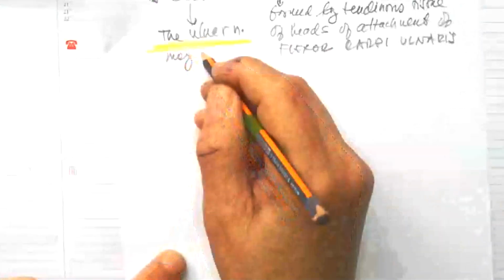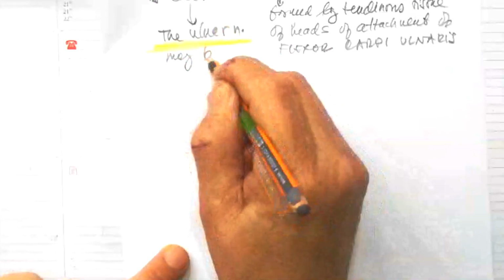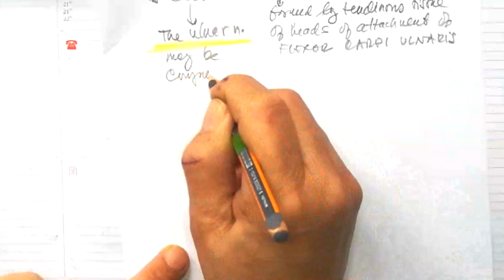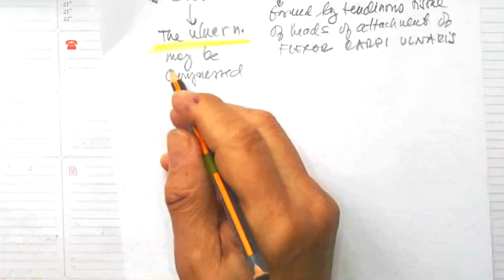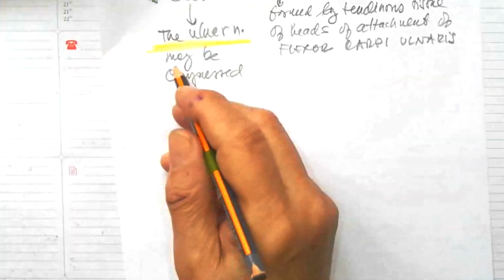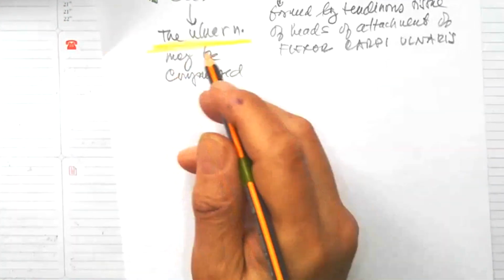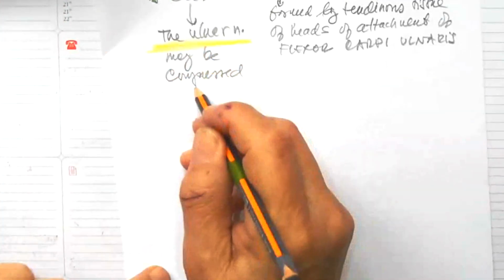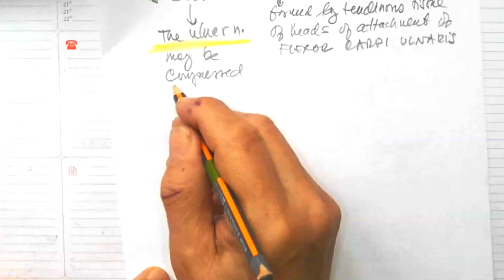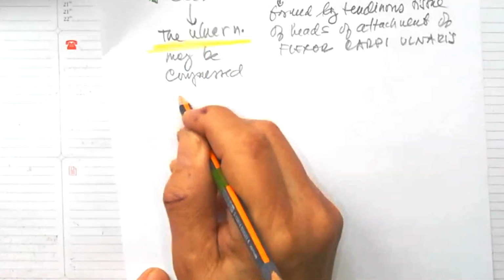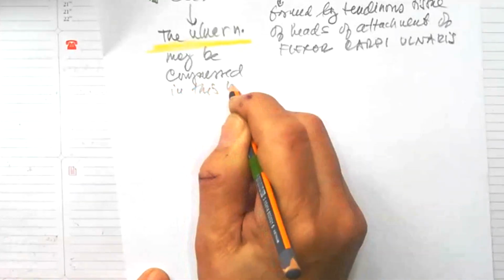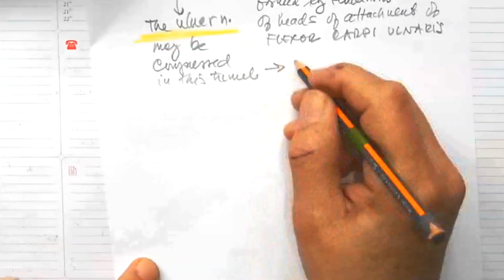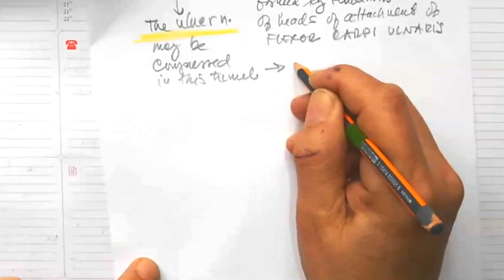maybe not frequently, but maybe compressed. We know that it could be compressed also distally. So the ulnar nerve can be compressed either at the elbow or at the wrist. It could be compressed in this tunnel, and it leads to symptoms.